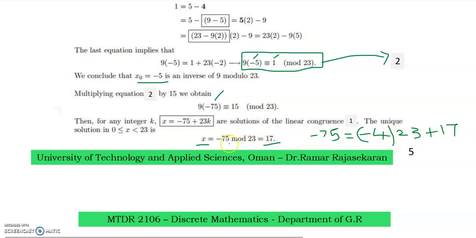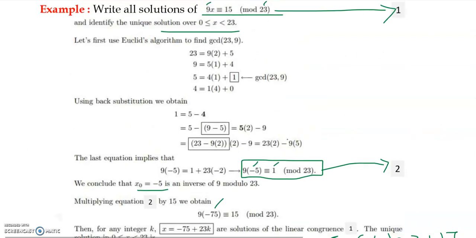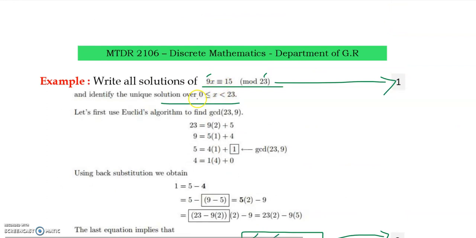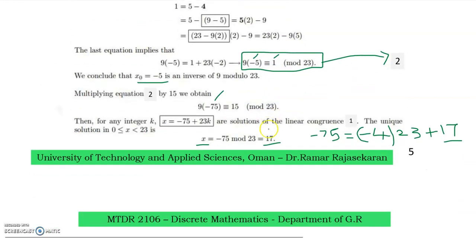So when you divide minus 75 by 23, your remainder is 17. This value 17 lies between 0 less than or equal to x less than 23. This x is now 17. So that is the unique solution between 0 and 23.